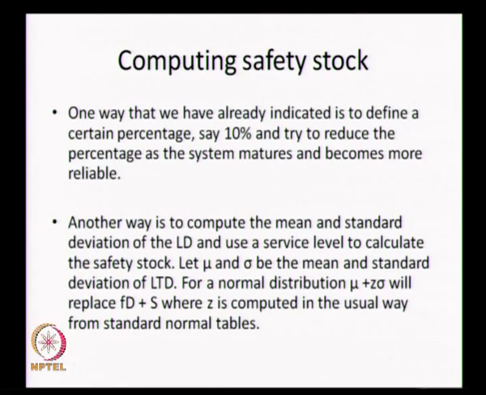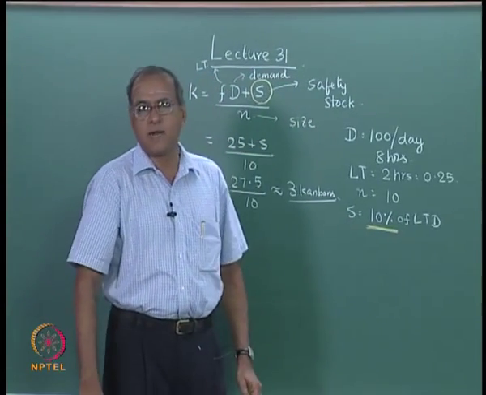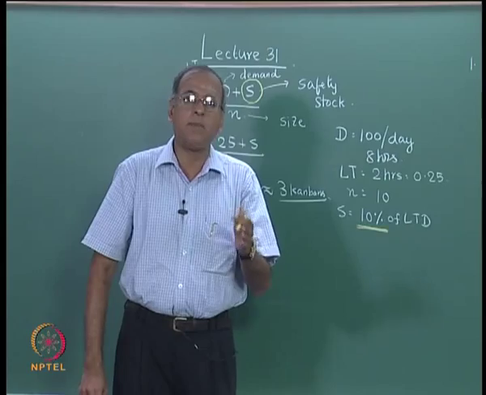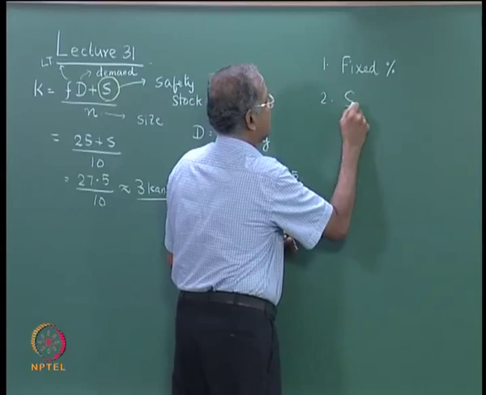One is to try and take a fixed percentage such as 10% for the computation, and then as we start implementing the system, we get better control over the withdrawal and the Kanban system, and the percentage can actually come down from 10%. The second one is to decide a predetermined service level.